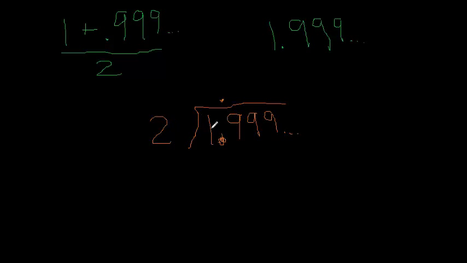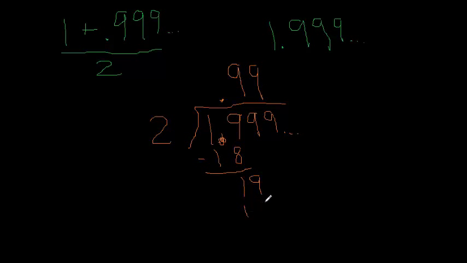So can 2 go into 1? No, but can 2 go into 19? Yeah, 2 can go into 18 9 times. 9 times 2 is 18. Subtract, and we get 1. We bring down the 9. Again, 2 goes into 19 9 times. 9 times 2 is 18.